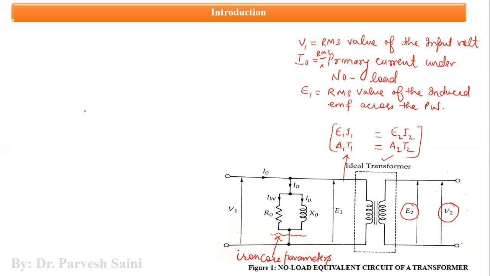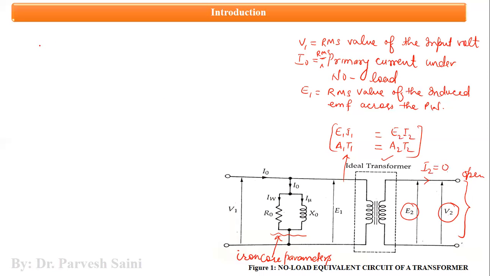Now, as you can see here, because the secondary winding is open, the current in the secondary winding is zero.